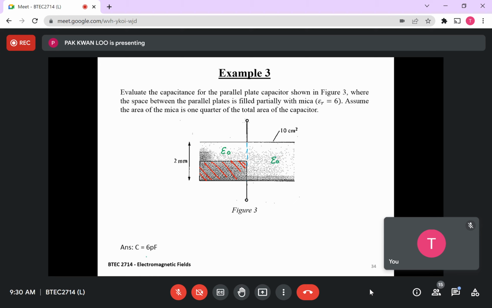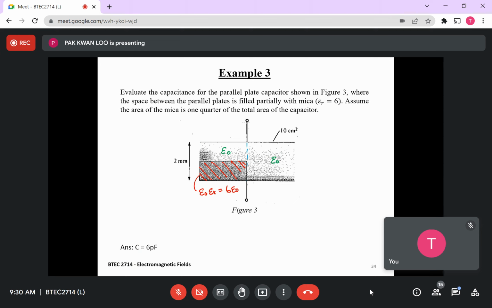The shaded region is epsilon naught epsilon r, which equals 6 epsilon naught. It's given that the relative permittivity is 6, therefore the permittivity of the material is 6 epsilon naught. Okay.